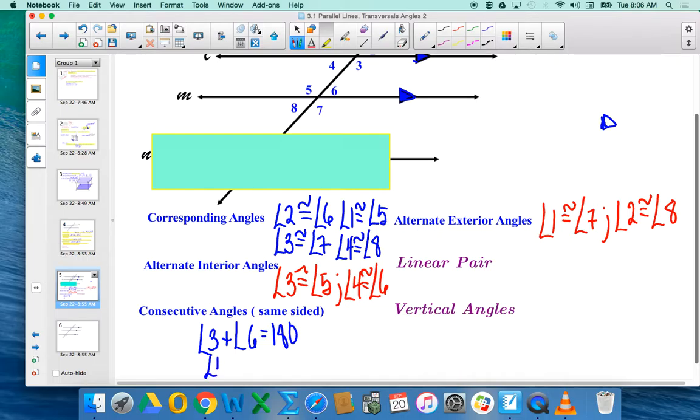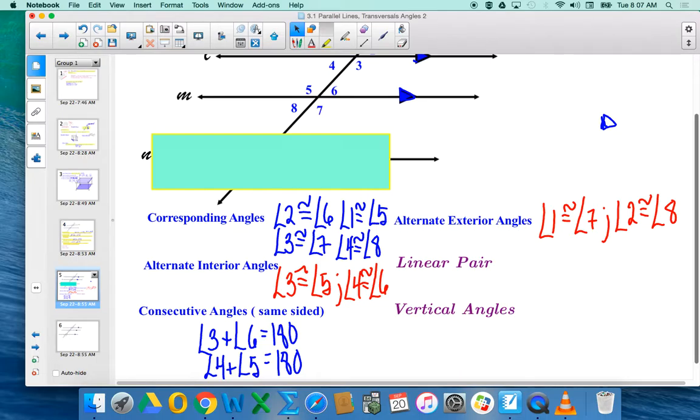Angle 4 plus angle 5 equal 180 degrees. If the lines are parallel, same-sided interior angles are supplementary, or the sum of their angles is 180 degrees.